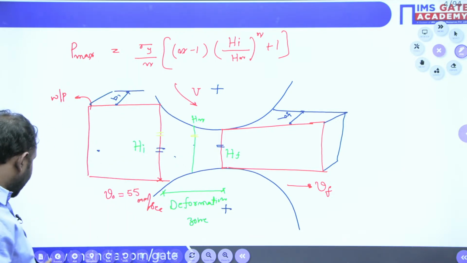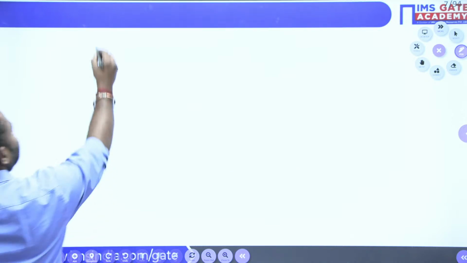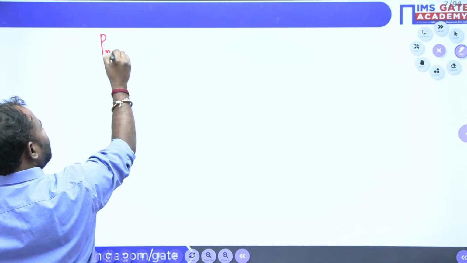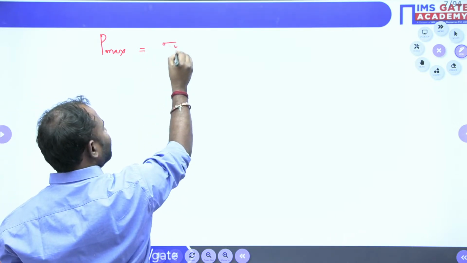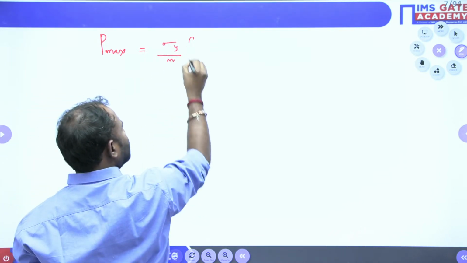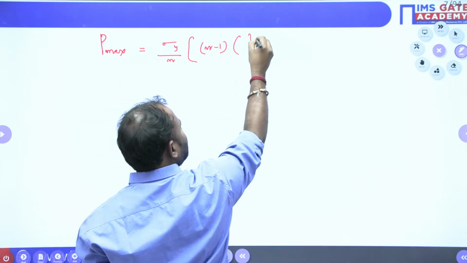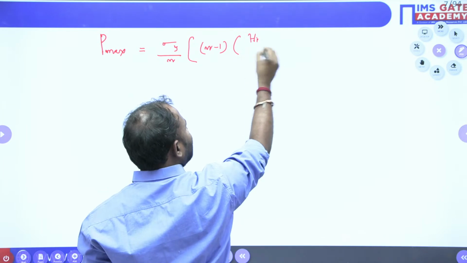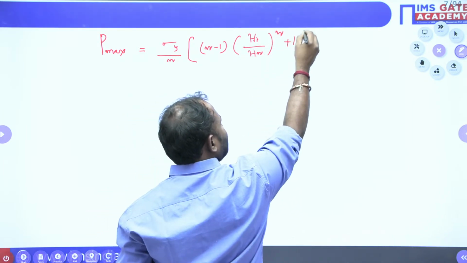Now, let us go for calculating the maximum pressure. Okay. Now, P maximum is equal to sigma y, that is flow stress by n into n minus 1 into H naught or H initial divided by Hn whole power n plus 1, isn't it?